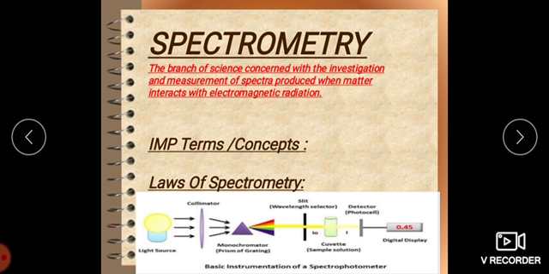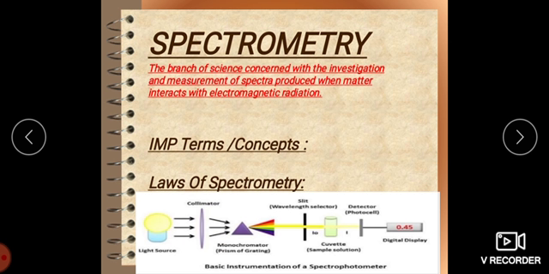Before going to the important terms, here I want to explain this. As we know, a sodium lamp or a halogen lamp gives white light with a number of wavelengths, that is polychromatic light, which falls on the collimator.